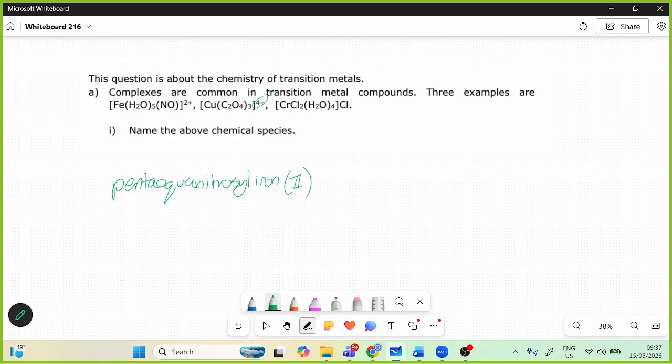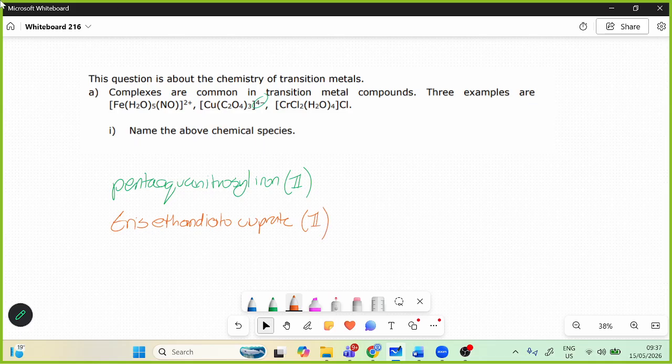The second one, there are 3, so it's tris, ethane dioato, cuprate, and the charge of the copper is 2.